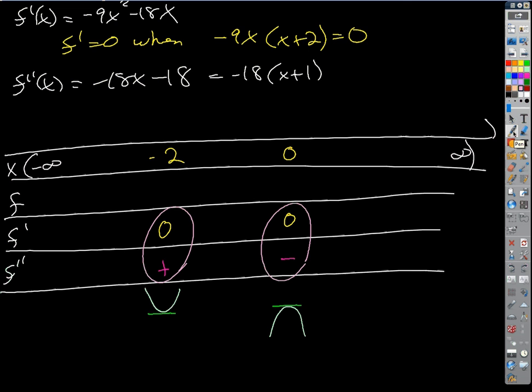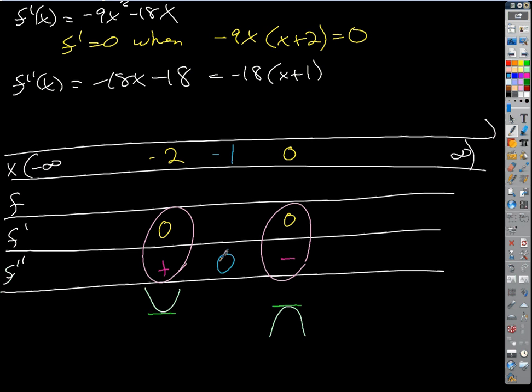Working all the way down the table, are there any zeros of the second derivative? Where's the second derivative equal to 0? Negative 1. Okay, so the second derivative is equal to 0 at -1. We get something else here, just a freebie.